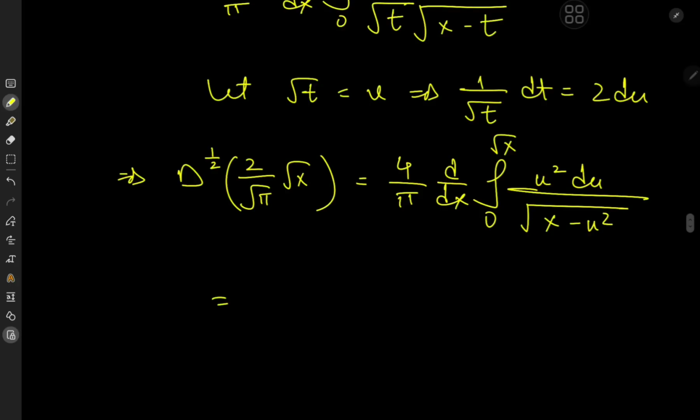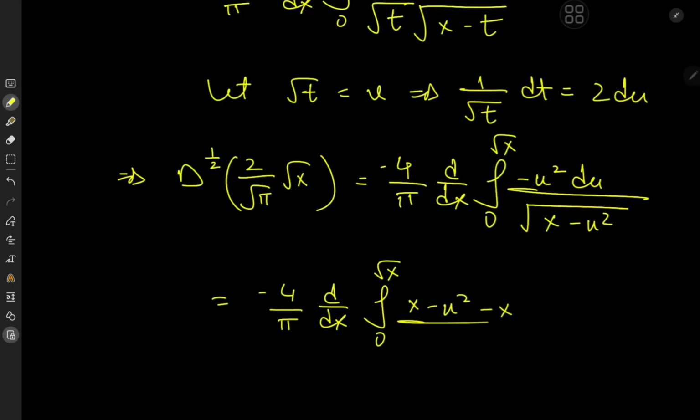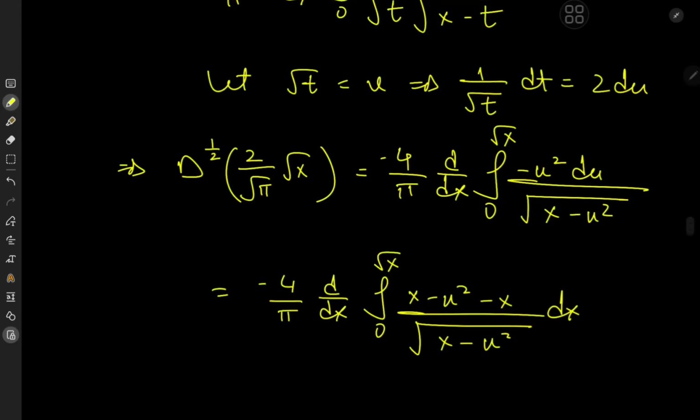Once again, we could use a negative sign for simplification purposes. So we have negative 4 by pi times the derivative with respect to x of the integral from 0 to root x of x minus u squared minus x, where once again we've expanded by 0, divided by root of x minus u squared.